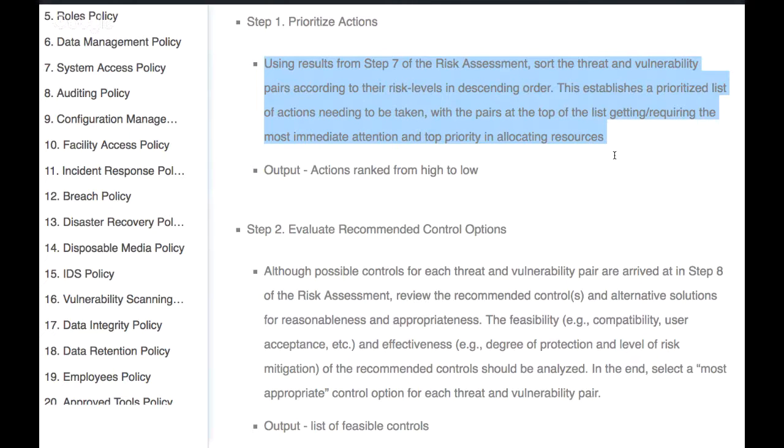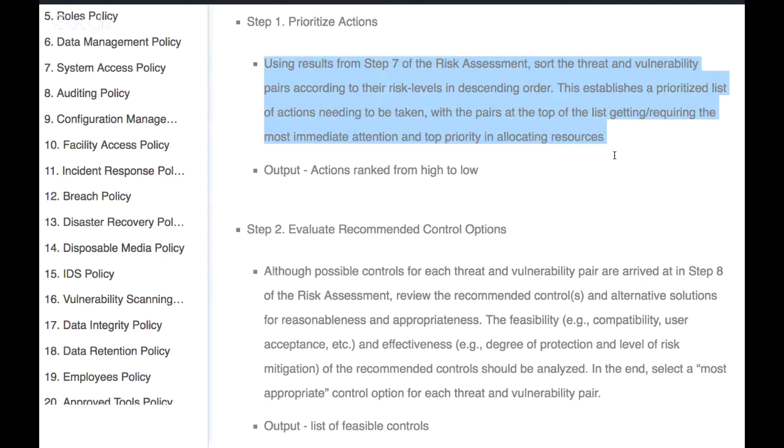This establishes a prioritized list of actions needing to be taken, with the pairs at top of the list requiring the most immediate attention and top priority in allocating resources.